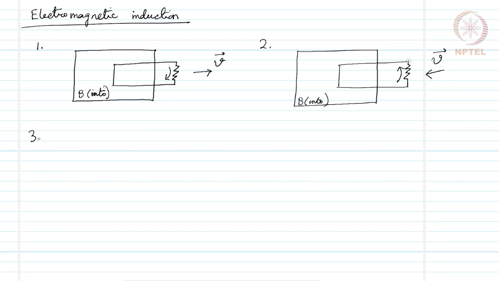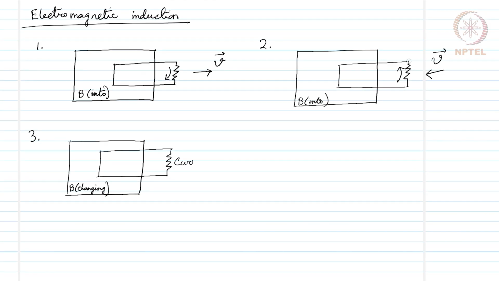And in the third experiment, he had a magnetic field in this region, and the magnetic field was changing with time. It was not constant over time. And the loop was fixed.